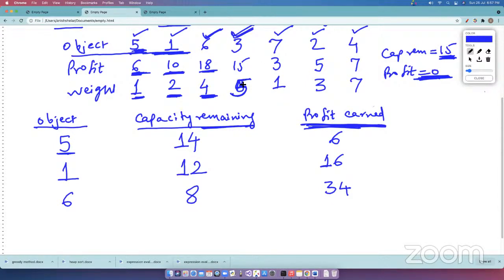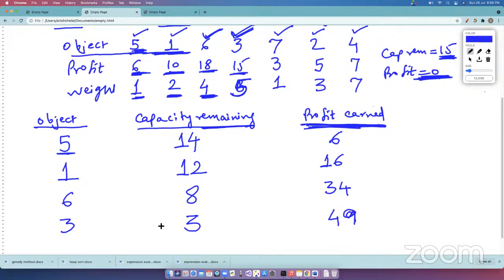The third object has weight of 5, so from 8 we have now removed 5, and the pending capacity is 3. The profit of this is 15. So total profit, if I am not wrong, is 34, 44, 49. Yeah, 49 is the profit till now.